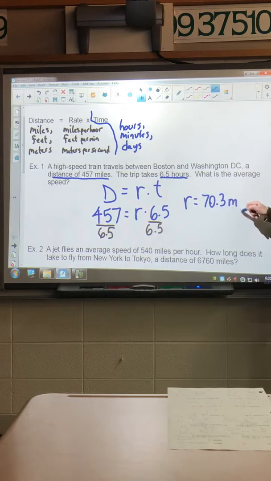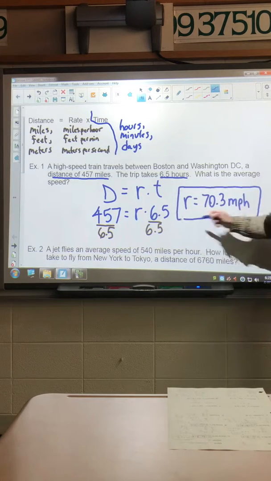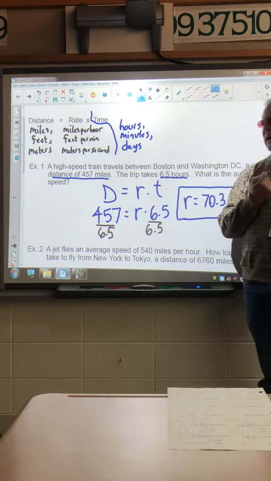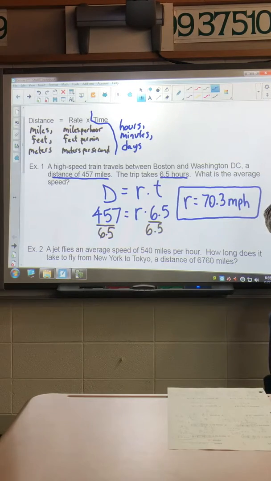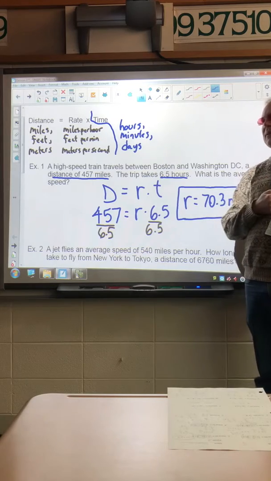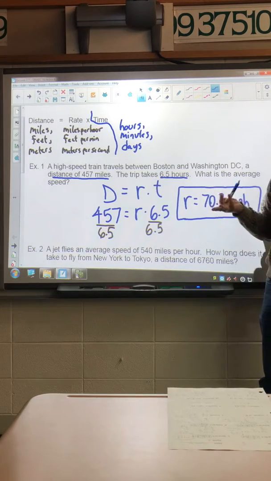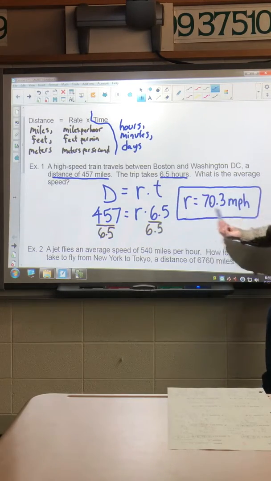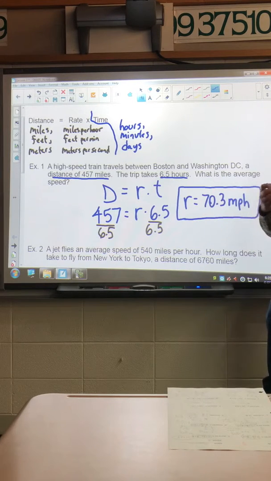And then you've maybe seen the abbreviation for miles per hour, MPH. So you do want to include units on these, because 70 miles per hour is not the same as 70 feet per second. So the units do make a difference in the answer.